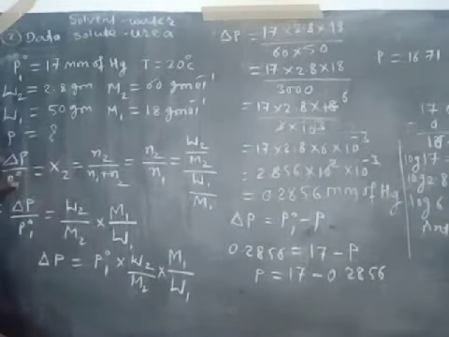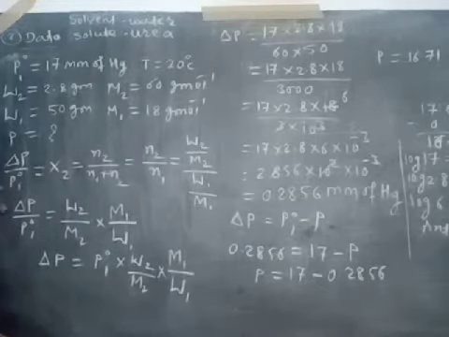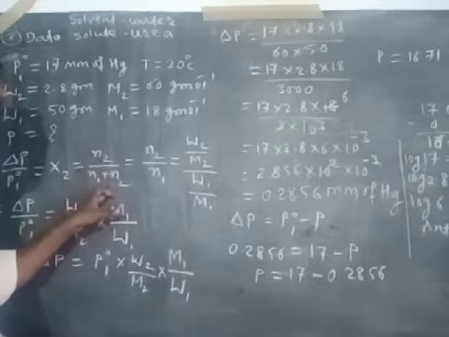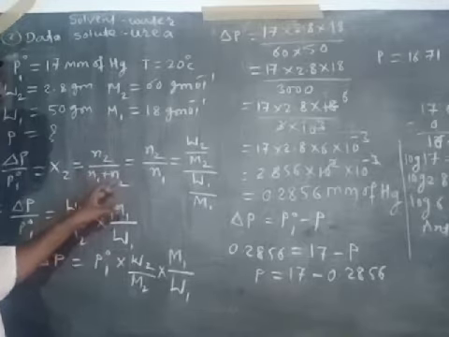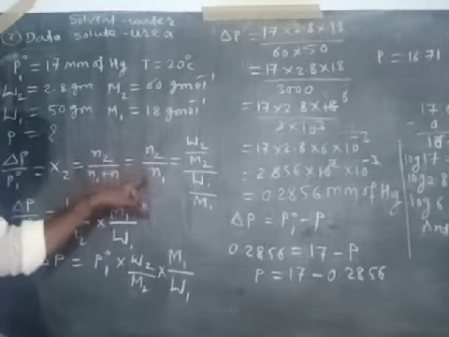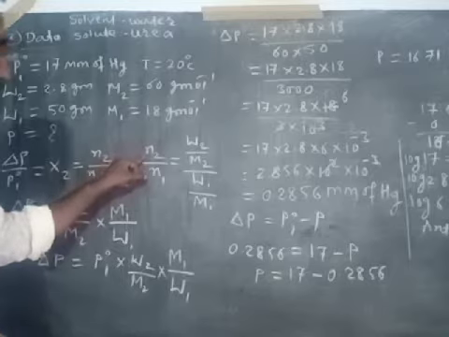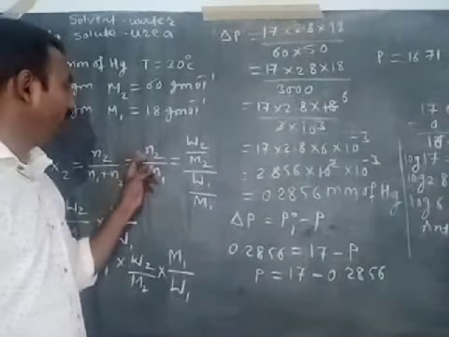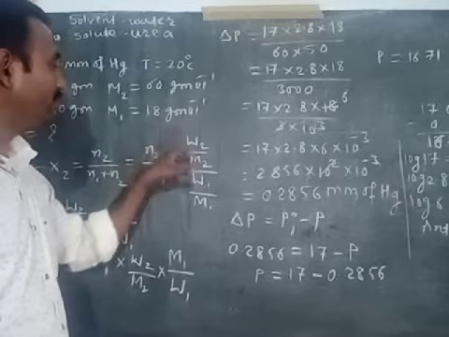Now we use one formula, delta P upon P01, that is the relative lowering of vapor pressure, which is equal to X2. But X2 is equal to N2 upon N1 plus N2. Here N2 has a negligible value, that's why N1 plus N2 becomes N1. N1 and N2 are the number of moles of solvent and solute, and the number of moles can be written as given mass upon molar mass.